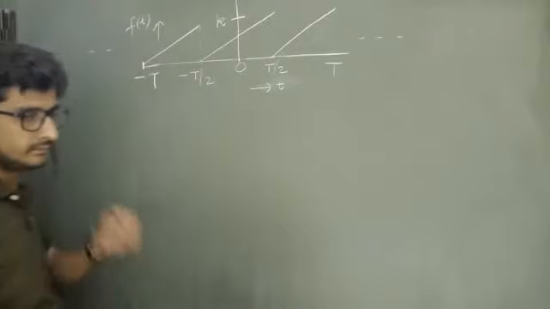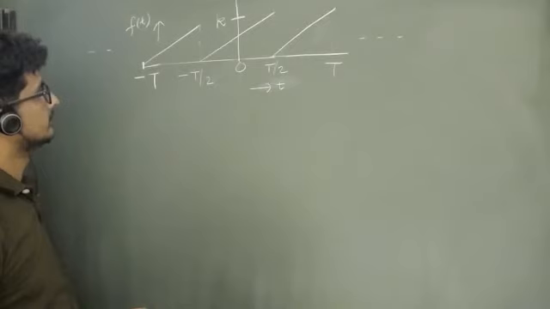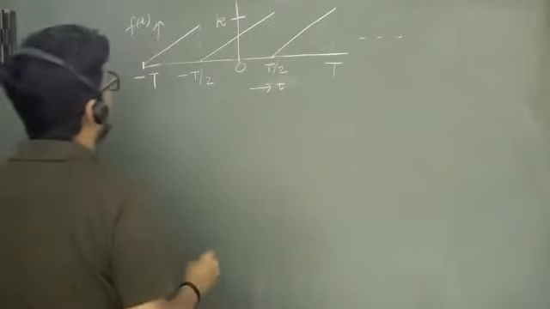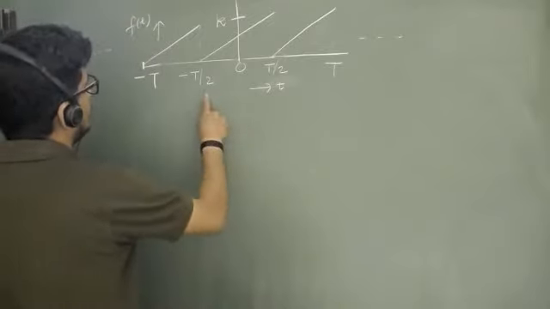But this is not the midpoint of 0 and T, no? Just wait. It will be T by 3. No, wait.